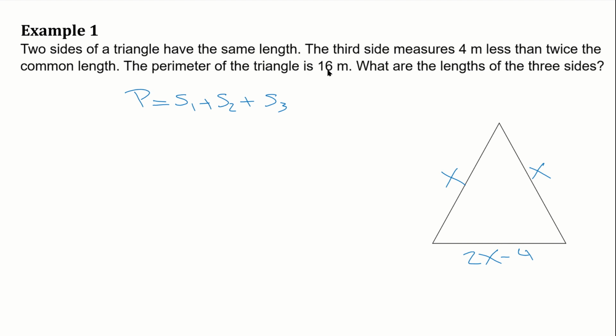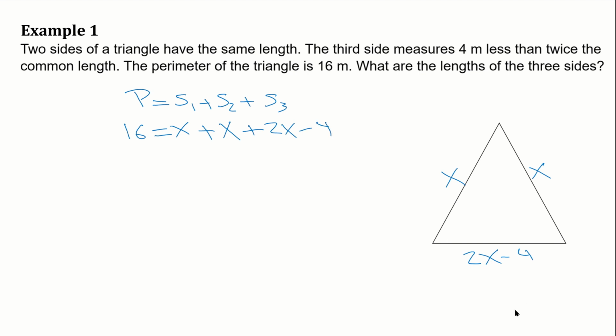We know the perimeter is 16, right? Inside the equation, we usually don't need to put the units, but we make sure our final answer has the proper units. So we get 16 equals, now I'm just going to use these two for S1 and S2, so I get x plus the third side, S3, which is going to be this length, 2x minus 4.